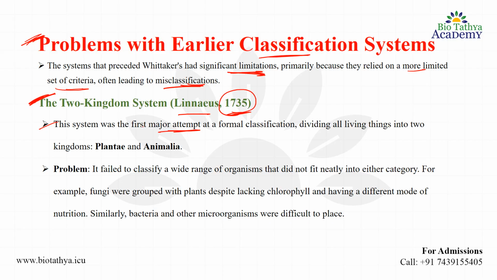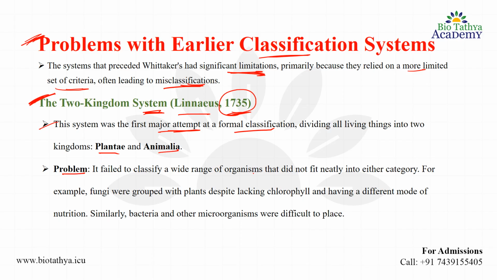Aristotle was a first attempt too, but as that was too basic, it doesn't count. So this was the first counted attempt at a formal classification, dividing all living things into two, that is Plantae and Animalia.